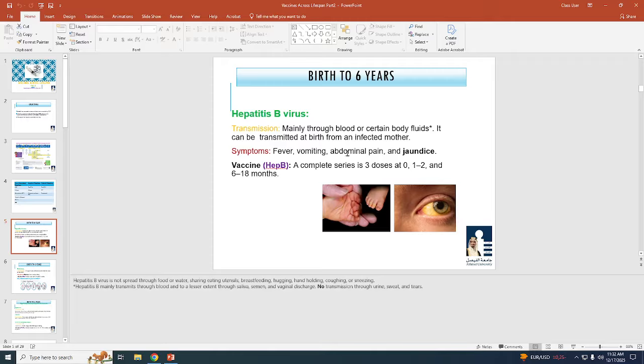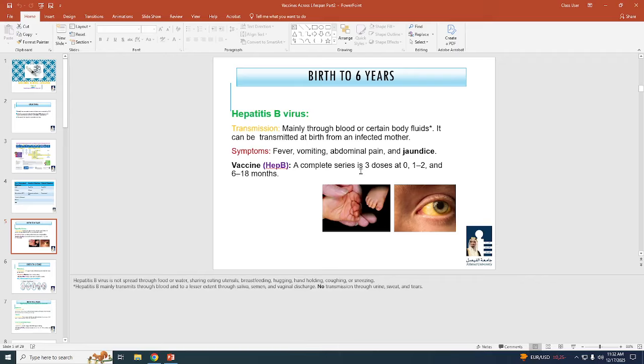Honestly, most viruses, even bacteria, start with flu-like symptoms: fever, abdominal pain, sore throat. All of them are the same, but sometimes something characterizes one infection from another.